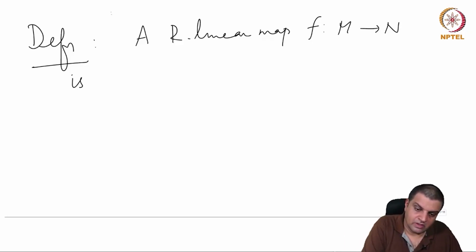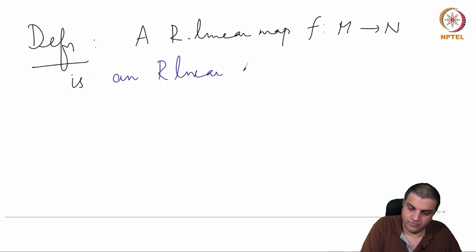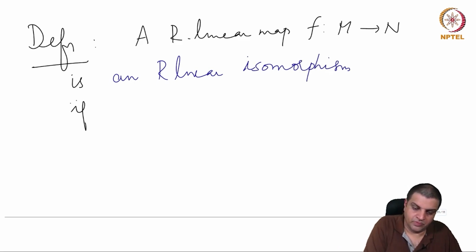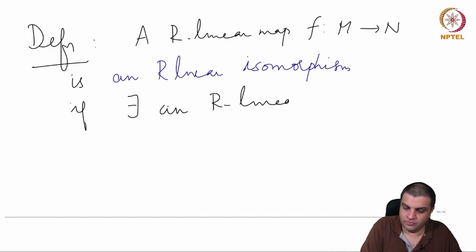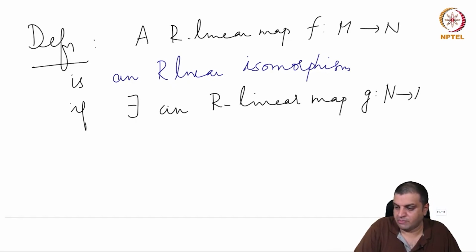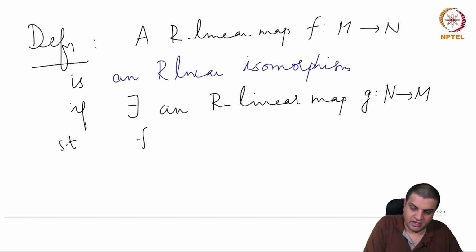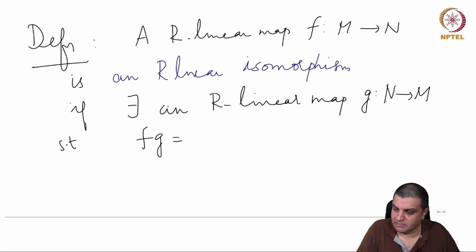is an R linear isomorphism if there exists an R linear map g from N to M such that fg, which is a map from N to itself, this composite is identity, and gf is a map from M to itself, also the identity.